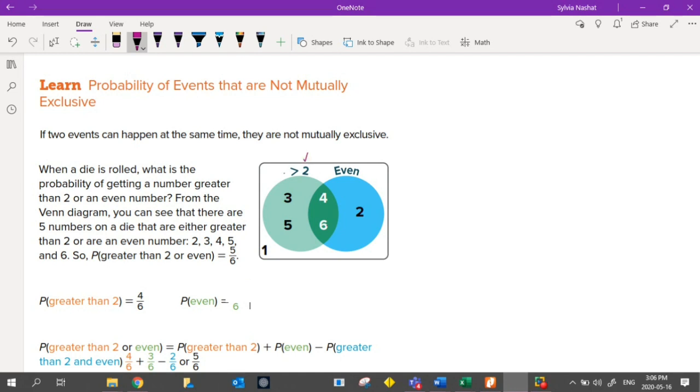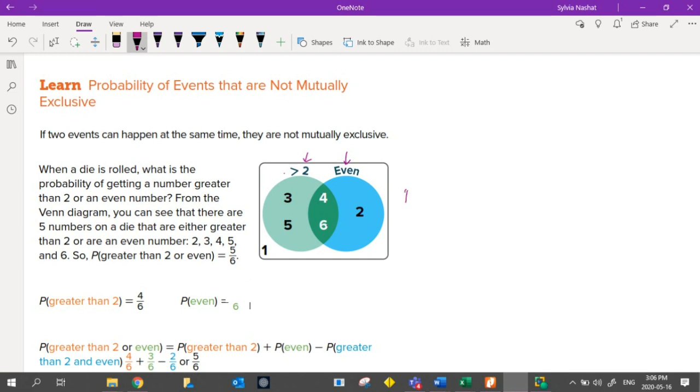These are the two events. Of course, they have an intersection, because 4 and 6 are even numbers and are greater than 2 at the same time. So these two events are not mutually exclusive.